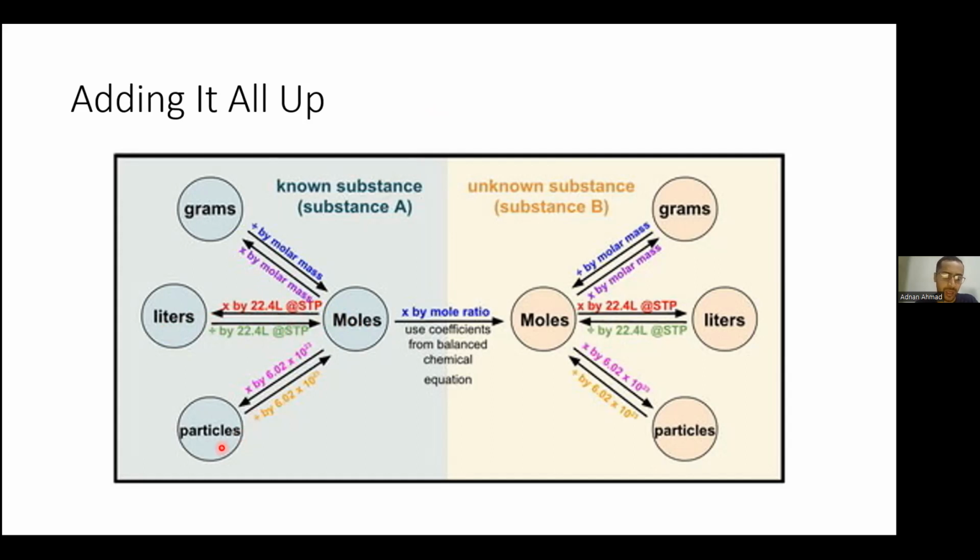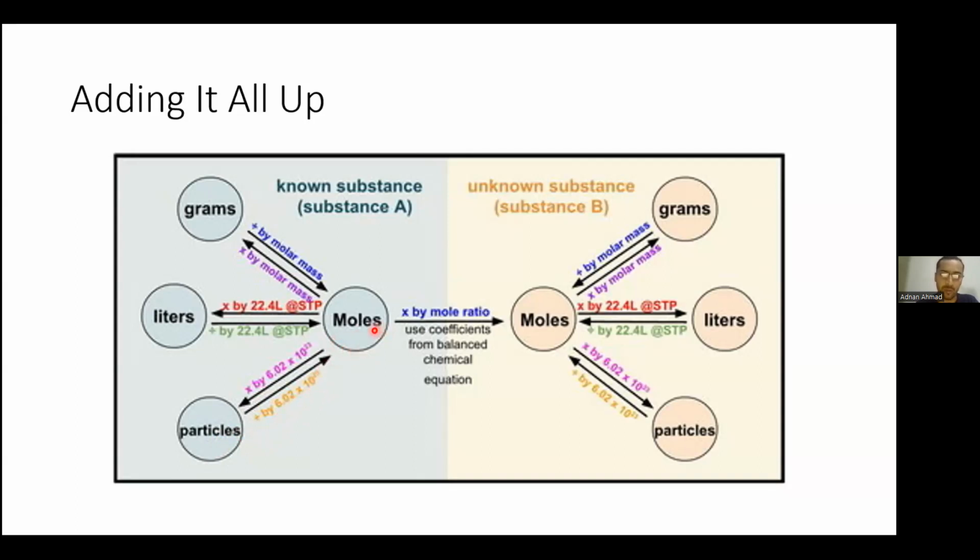This is a conversion ratio. So if we have particles, what do we mean by particles? For example, we have a number of atoms. So we are trying to convert the number of atoms into moles. We divide it by Avogadro's number, which is 6.02 times 10 raised to the power 23.